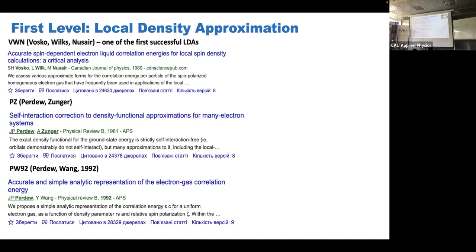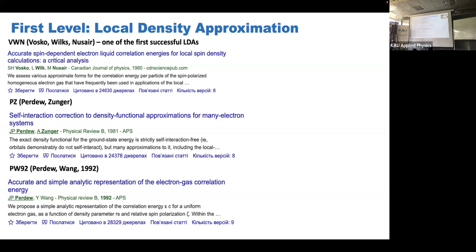The first LDA which is useful for calculations was proposed by Kohn-Sham in their 1965 paper. But they didn't have enough computer resources in 1965 to make some calculations. Then in the 1980s, some computers were available, and then in the 1990s, there was a boom of these methods.